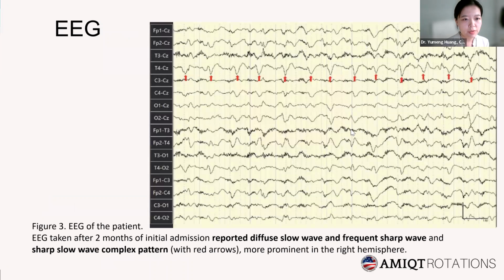The next picture is the EEG of this patient. As you can see from the red arrows labeled here, we call this diffuse slow wave with frequent sharp waves, a sharp slow wave complex pattern.